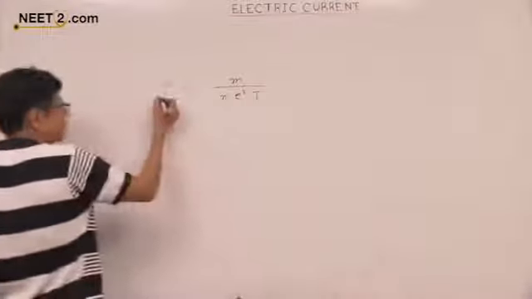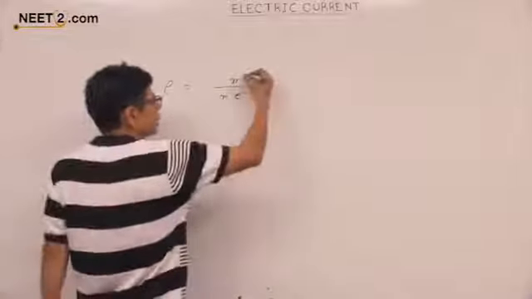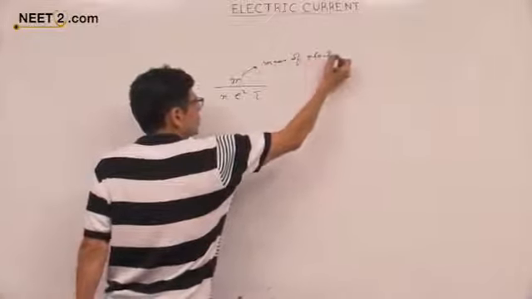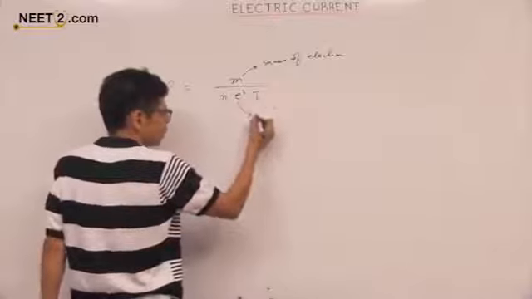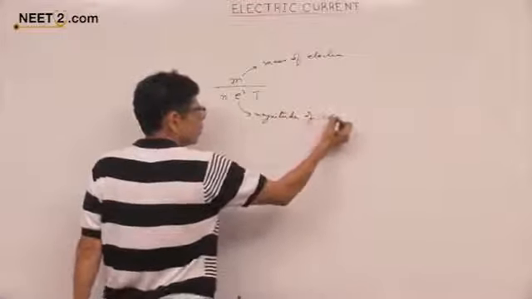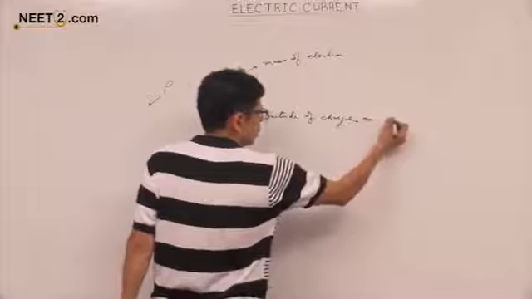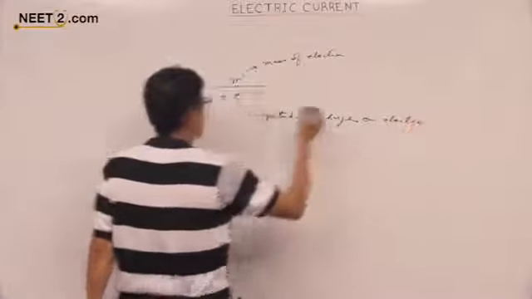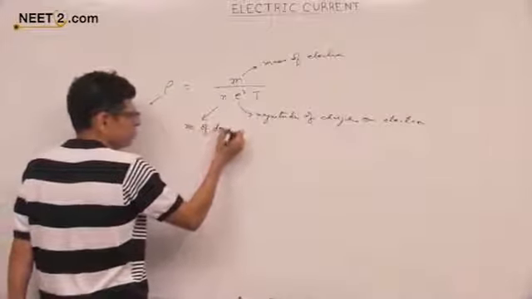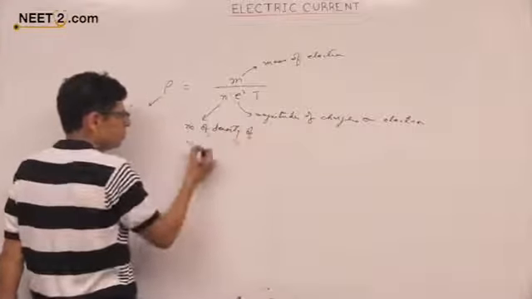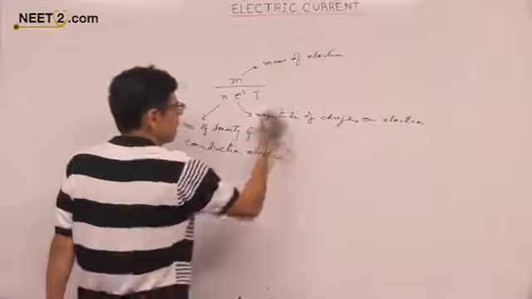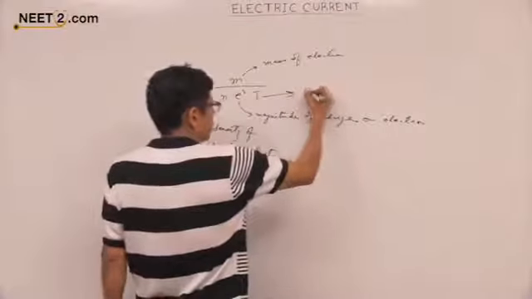In this, rho is the resistivity of the material, m is the mass of an electron, e is the magnitude of charge on electron, n is the number density of conduction electrons, and tau is what is known as relaxation time.